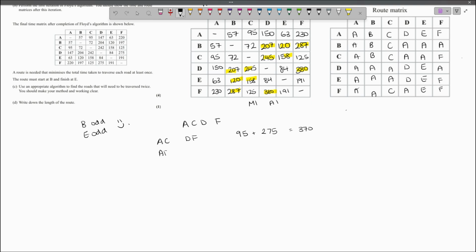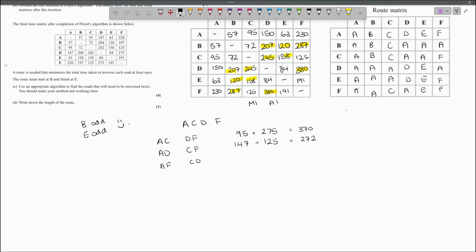Let's try AD and CF. I can see from my matrix that AD is 147, and I can see that CF is 125. That's going to give me a value of 272. Last but not least, I could do AF and CD.